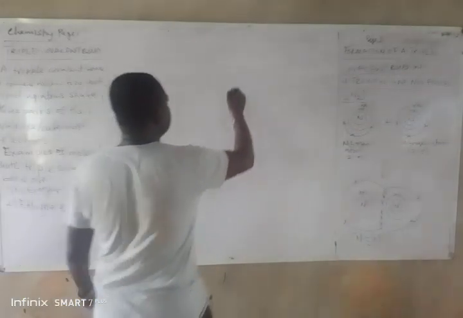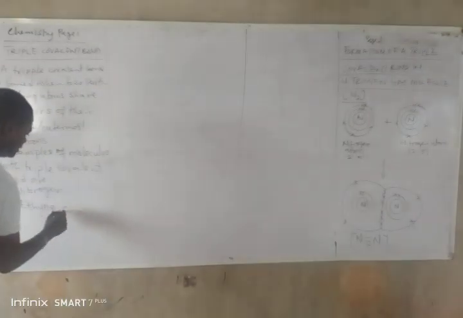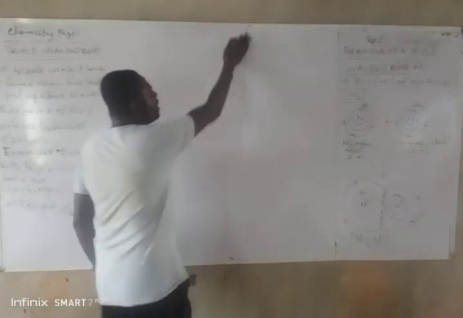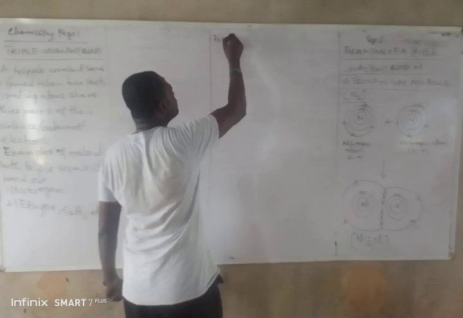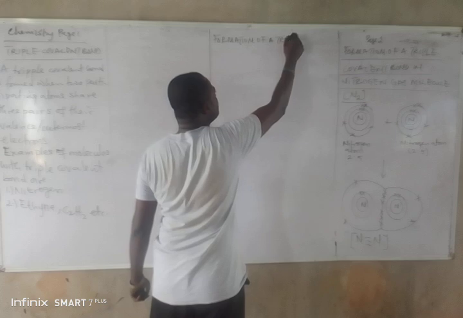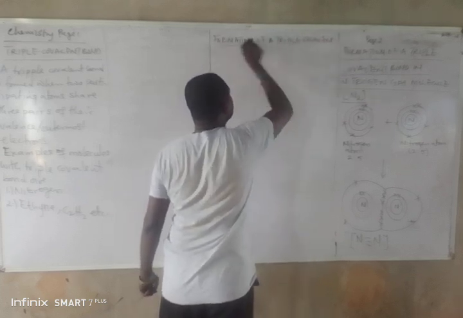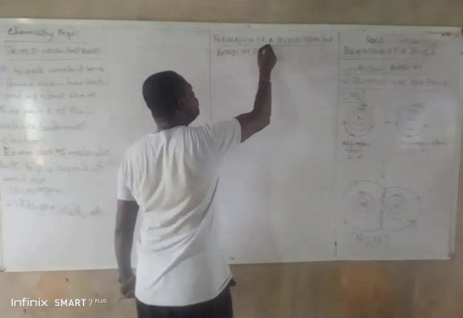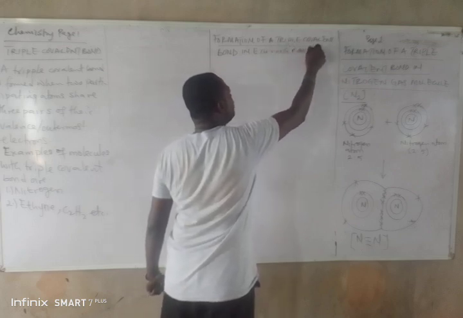Then the second one is ethyne. The formula for ethyne is C2H2. So let's look at formation of a triple covalent bond in ethyne gas molecule.